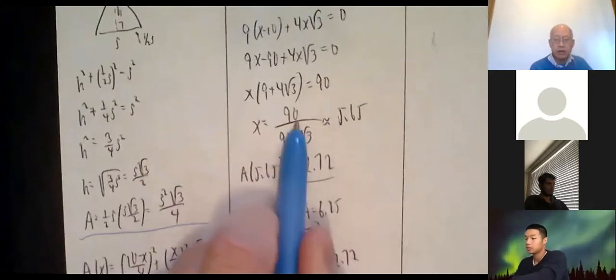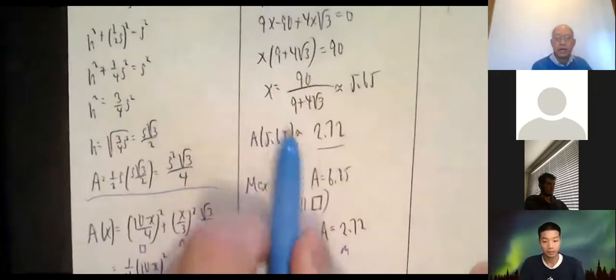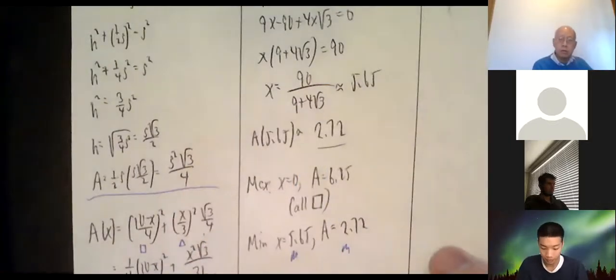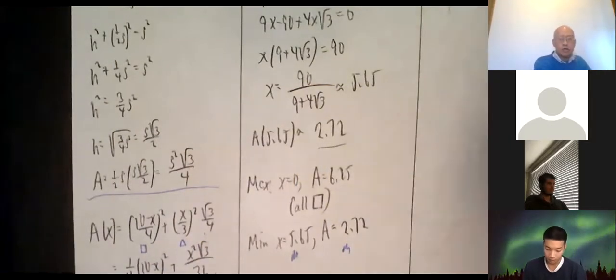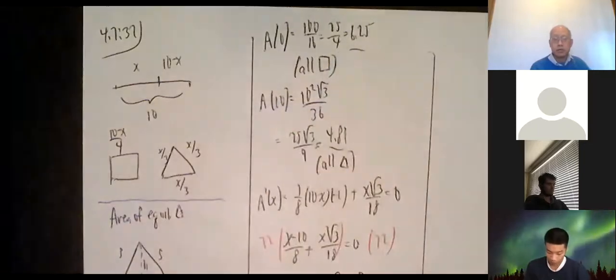Okay, take that weird thing, plug it into the function over here. Okay, and I got 2.72. And I notice 2.72 is smaller than 4.81, also smaller than 6.25.